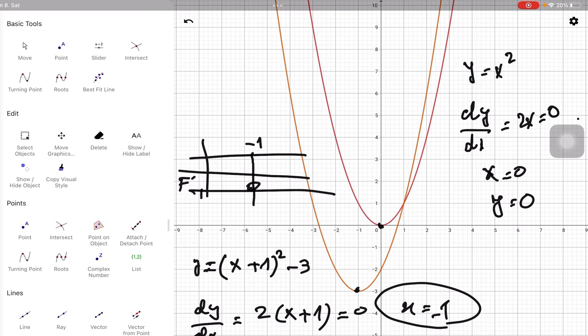The derivative is 2(x plus 1). The right side will have the same sign as 2x, positive, and the left side will be negative. After the minimum the derivative is positive, showing an increasing function, and before it is a decreasing function.